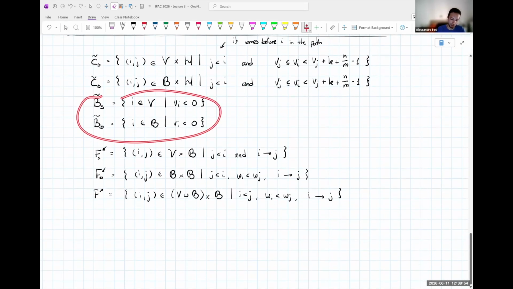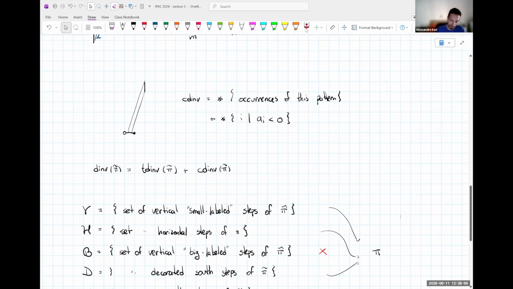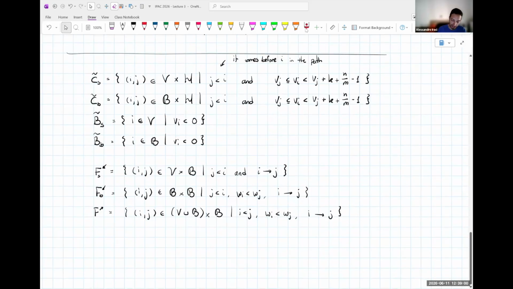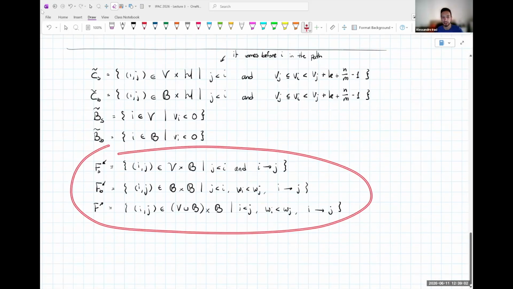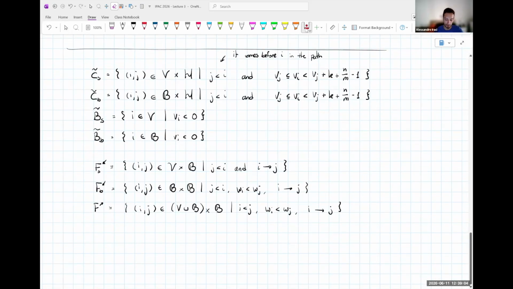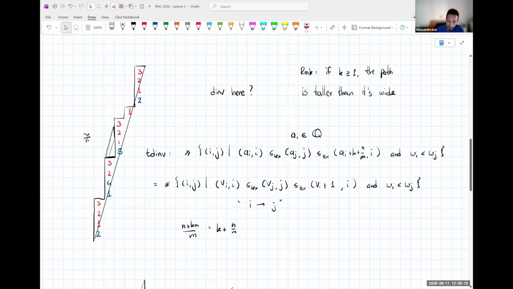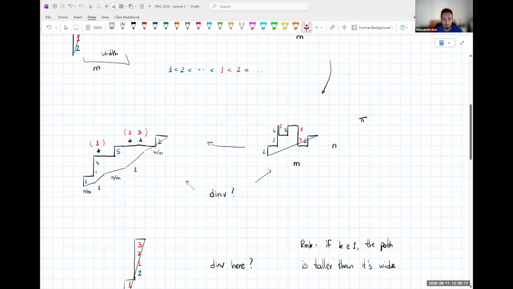These two are counting the pairs of steps, well, the steps below them in diagonal. And these three here are counting the temporary dim between either small labels and big labels or big labels with other big labels. So the only thing that's missing is the dim between small labels and themselves, but we don't care about that because we have it there as well. So we don't have to consider it. We're going to find it back here and it's preserved. We don't care.